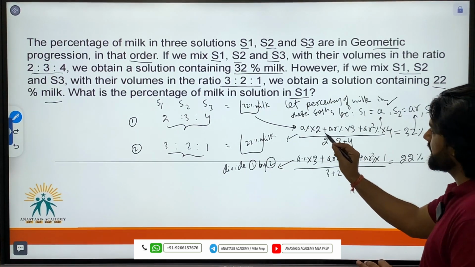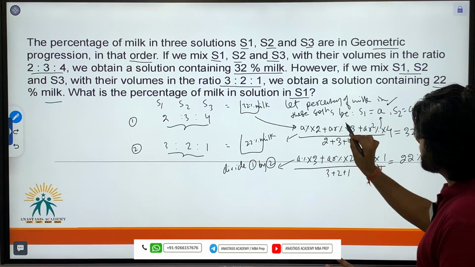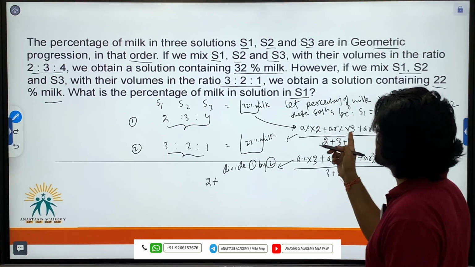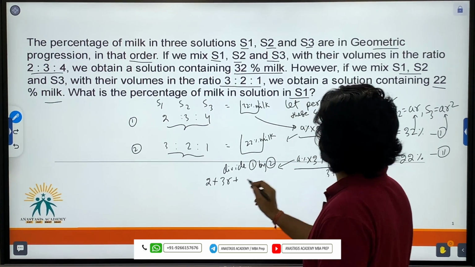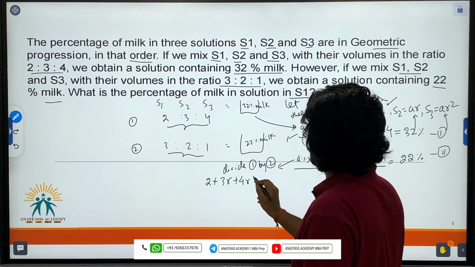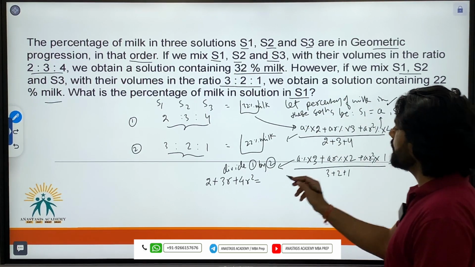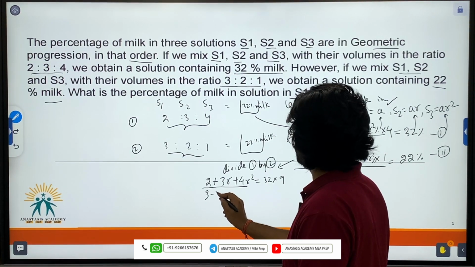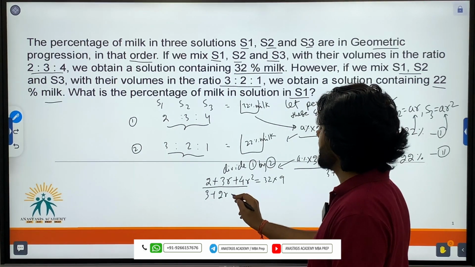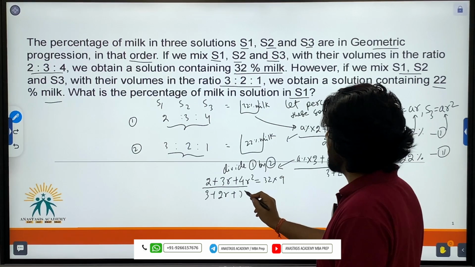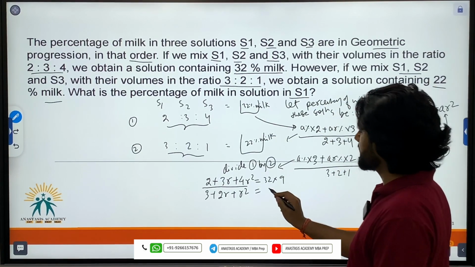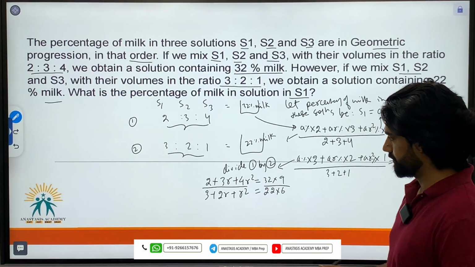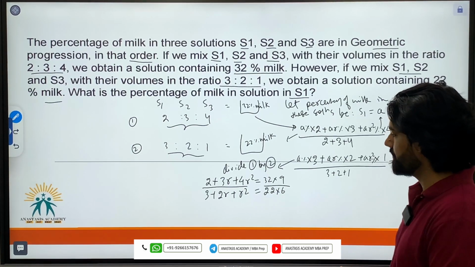What am I left with is, I'm cancelling all these percentage signs, right? So I'm writing it directly: 2 plus 3r plus 4r square is equal to 32 into 9, and it is divided by 3 plus 2r plus r square, and it is equal to 22 into 6, and these equations are equation 1 divided by equation 2.